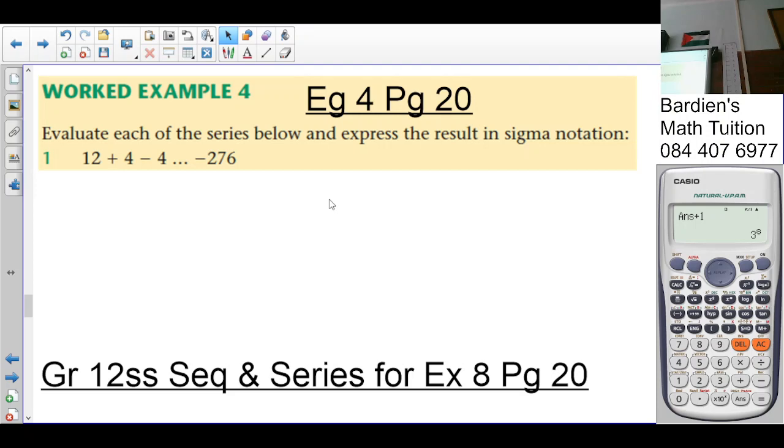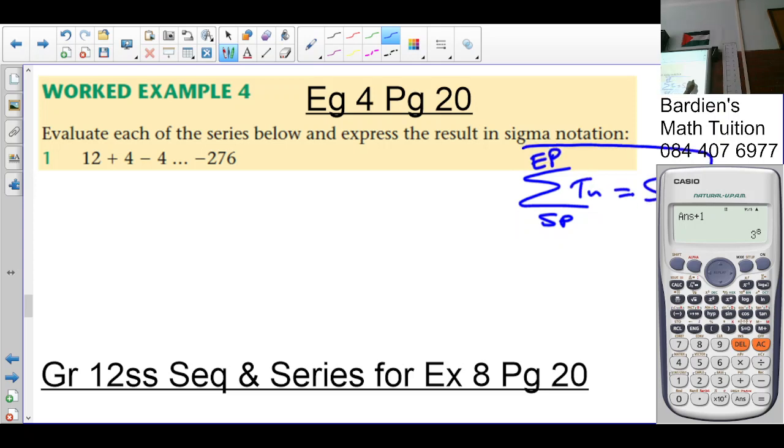So we spoke about what sigma is and how it's basically laid out. Just a reminder for those of you who are a bit dodgy on it. In sigma, we'll have our starting point, ending point, and the general term is equal to the sum of terms.